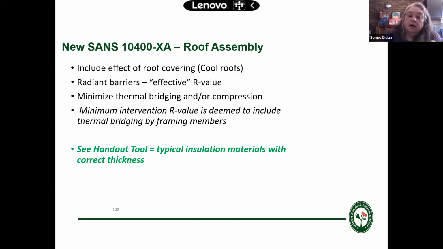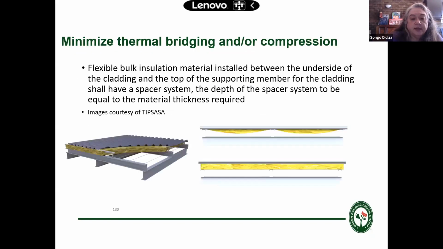The effective R value has included that thermal bridging that will come from the beams and the rafters. So you don't have to do a whole recalculation, because if you have an insulation of R value, say 3.25, it normally is, and you put it in between your trusses, we will say that yes, that total roofing system achieves the R value that you want. So you don't have to do a huge calculation and take into account thermal bridging and things like that.